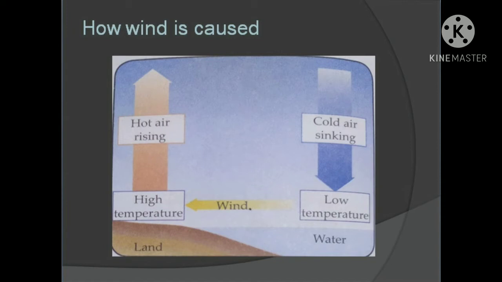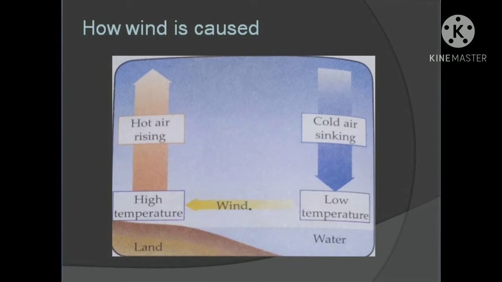Air near the equator gets warmer than the air in the polar region. The hot air becomes lighter than the cold air, expands and rises up. The cool air moves from the nearby region to occupy the vacant space.